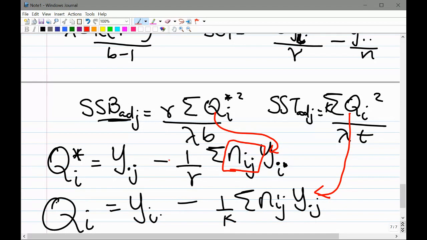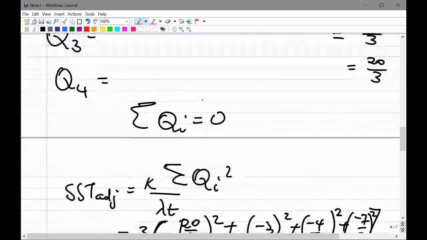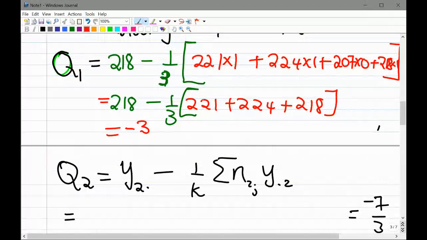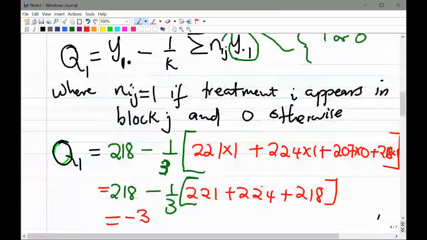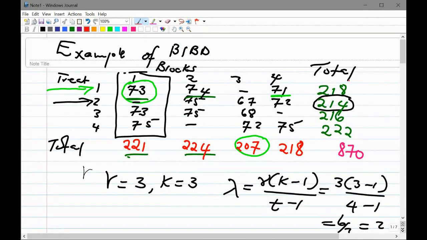So whatever you're going to use when you want to find this part, when adjusting for the blocks, you are going to use now these totals, right? Or you can do it, because we're still left with 2 minutes. Let me just show you an example. First, calculate lambda. What is our lambda?